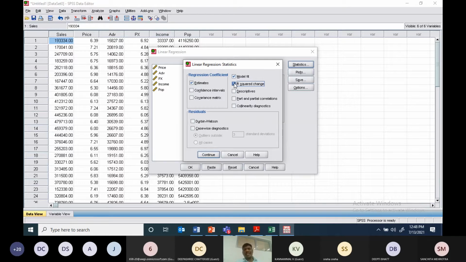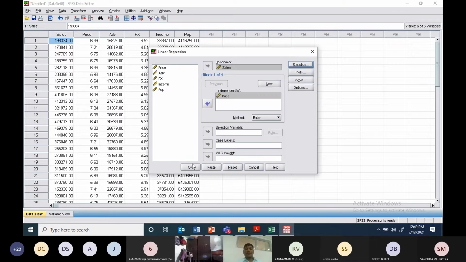If you want to go for R square change, listen, I'll tell you what exactly it is. Please try to understand. By default, you will get model fit. You can also choose R square change, then Durbin-Watson statistics. There are three options, and by default model fit will be there. I'm just clicking R square change and Durbin-Watson. Continue. Click OK.